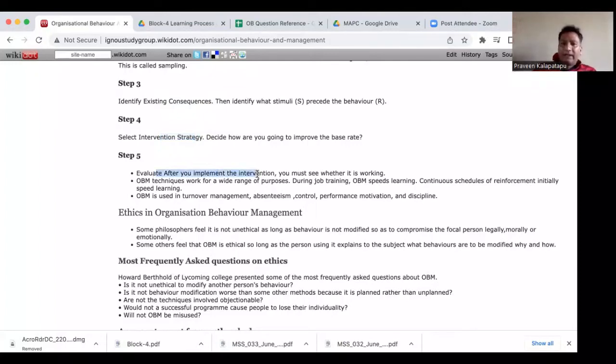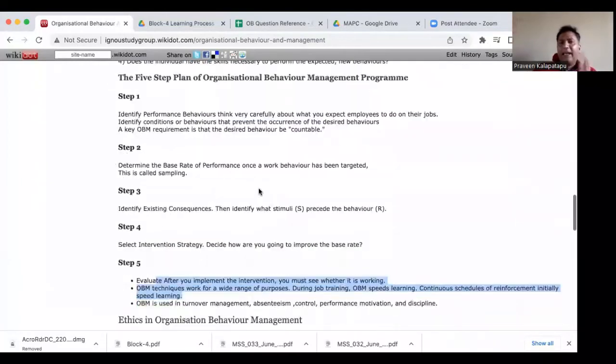Evaluate after you implement the intervention. The last step is evaluating. So simple, that is how the steps come. First, identify why you want to do it, what is the vision that you have, and why you are really thinking of doing it. Step 2 is to get the current situation, right?